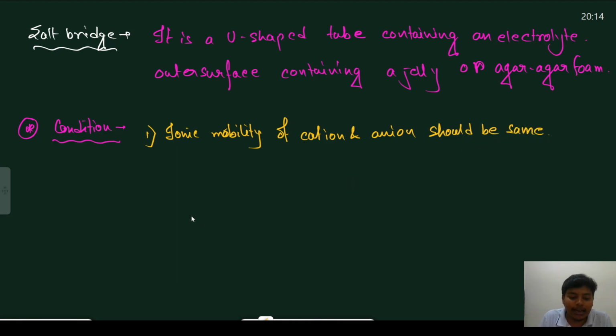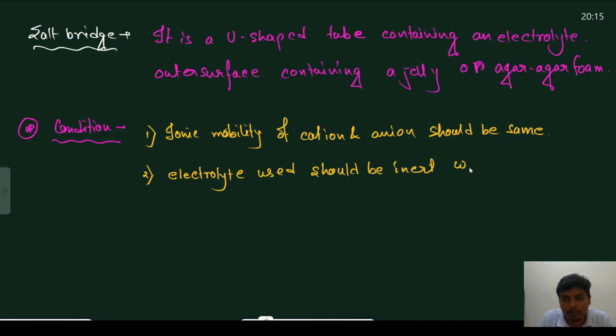Next, the electrolyte used should be inert with respect to ions present in cathode and anode.